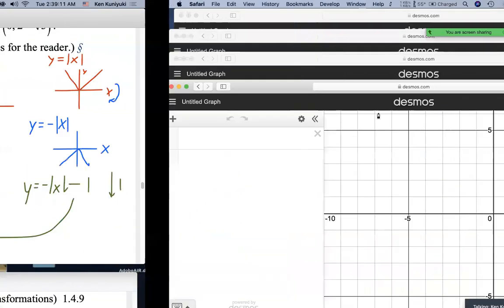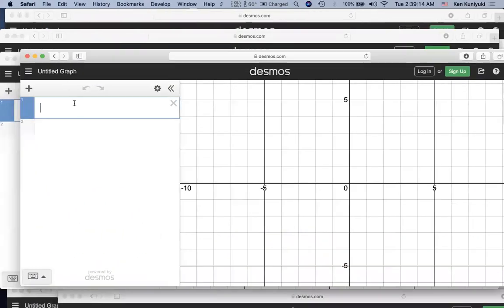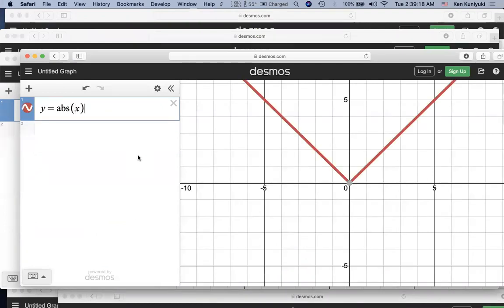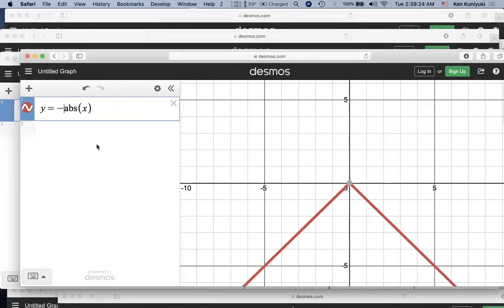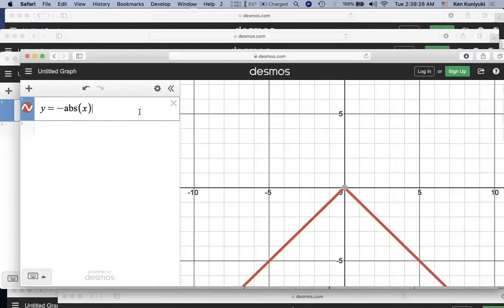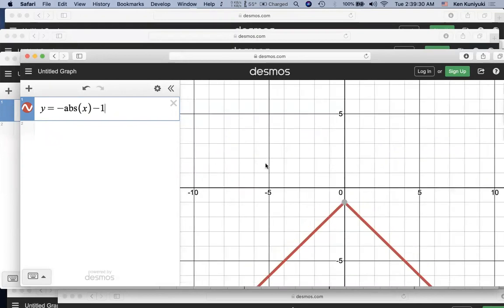Let's verify this on Desmos. y equals ABS for absolute value of x. Okay. Let's put a negative sign in front. Get the downward opening V, -1. And there you have it.